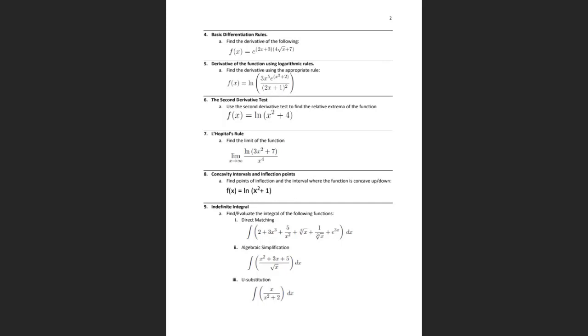If it doesn't specify that, then just ask the professor, I would say. Okay, thank you. And after we get the x value, to get the y value, we plug it into the original? Yes, you would plug it into natural log of x squared plus 4. Okay, thank you.